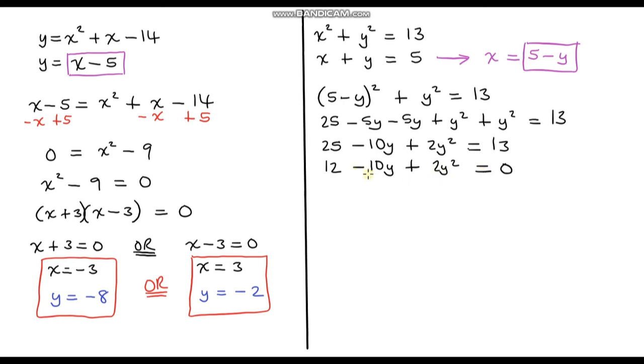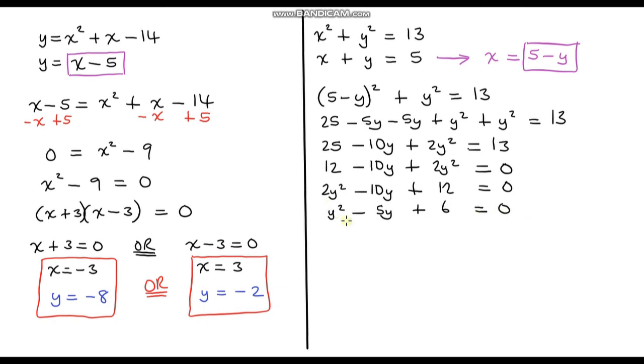And I'm just going to rearrange these terms just so I've got the y squared at the beginning. Now I could solve this equation as it is, but I can see that each term is divisible by 2. So just to make things a bit easier for myself and get smaller numbers, if I divide everything by 2, we'll be left with y squared minus 5y plus 6 equals 0.